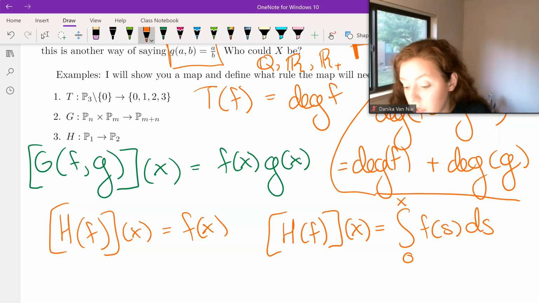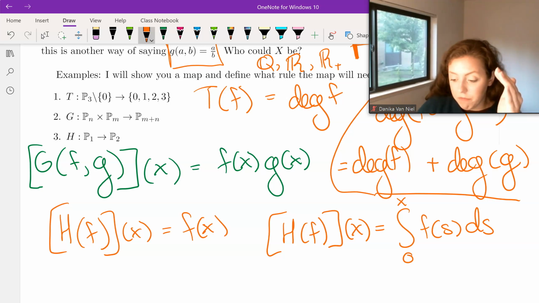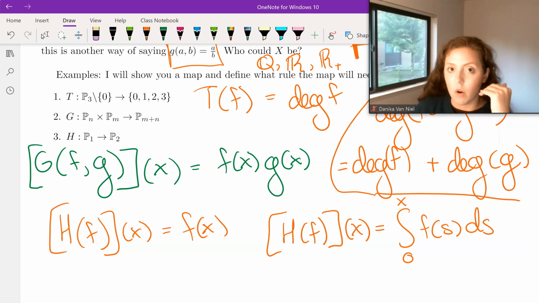What I chose was 0 on the bottom and x on the top. There's other ways you could define it. You need x somewhere in there because you need these two things to have the same variable. But yeah, when you take the integral of something, you go up in degree. And because we're going to P2, that's okay for us to go up 1 degree.